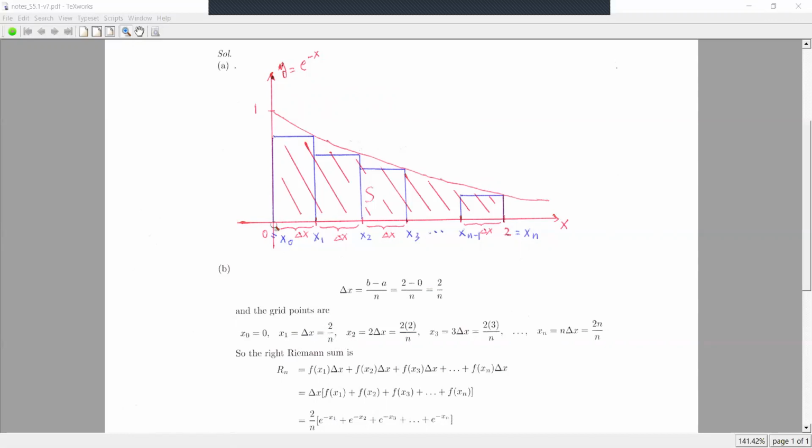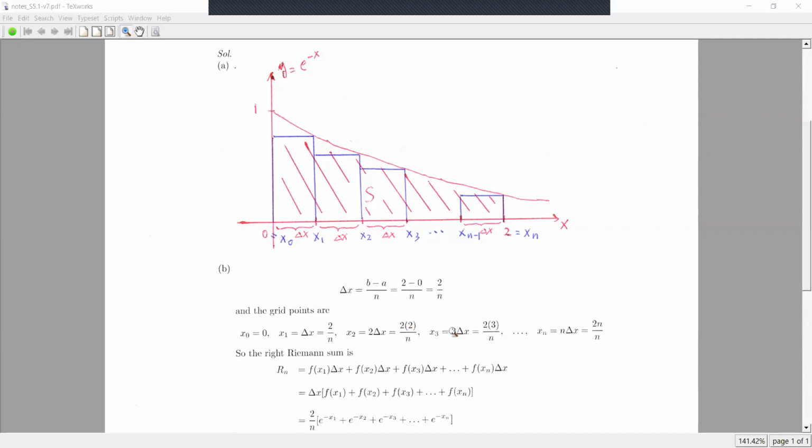x2, from 0 to x2, the distance is 2 delta x, so x2 is 2 times 2 over n. x3 is 3 delta x from the origin, so x3 is 3 times delta x. Plug in 2 over n for delta x.